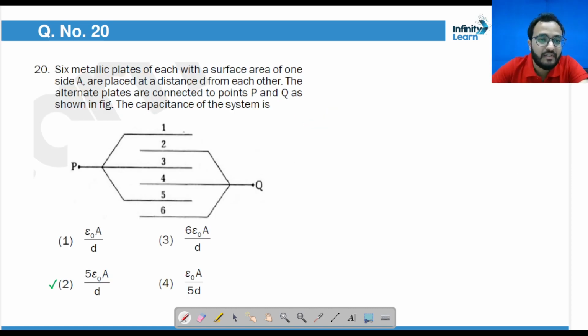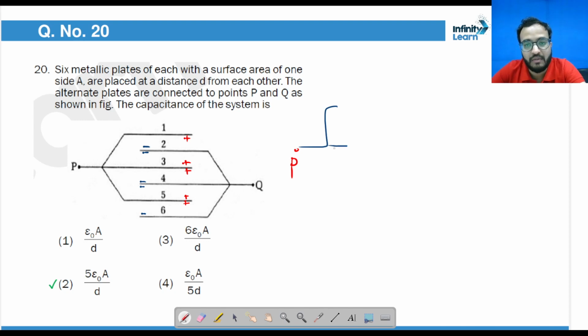Now obviously, let's say P is the positive plate. So from P how many plates are coming? See, this is positive, this positive, this is positive, and from Q negative, negative, negative, negative, negative, and negative. 5 plates are coming from P, 5 plates are coming from Q. 1 2 3 4 and 5, like this.